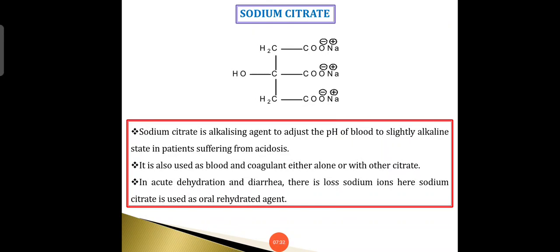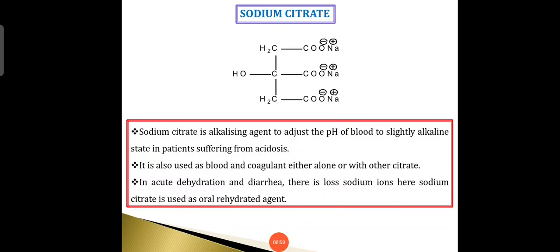Urine that is less acidic helps the kidney get rid of uric acid, helping to prevent gout and certain types of kidney stones, that means urate. This medication can also prevent and treat certain metabolic problems, that is acidosis caused by kidney disease.